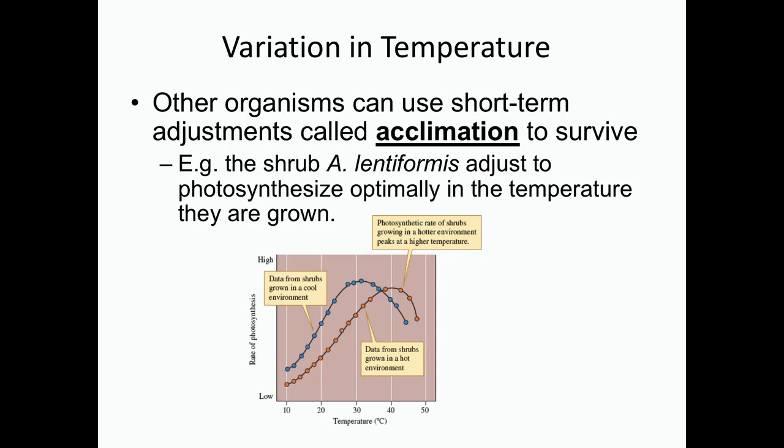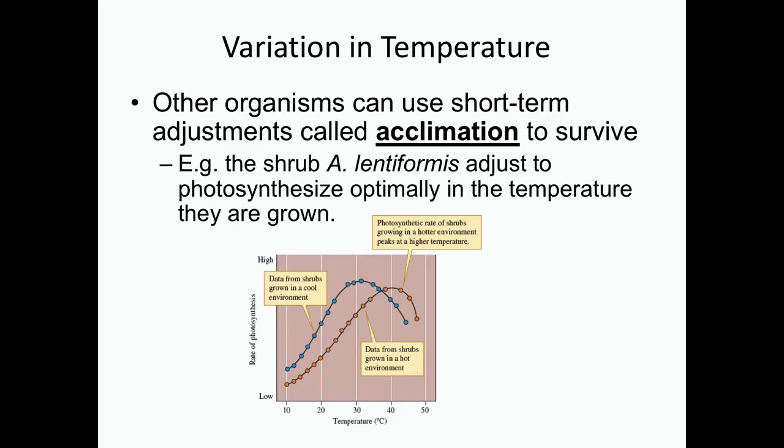So if you grow this shrub in a cooler environment, you'll actually see peak photosynthetic rates occurring at a lower temperature than if you were to grow this in a hotter environment. So it adapts its physiology to its environment.